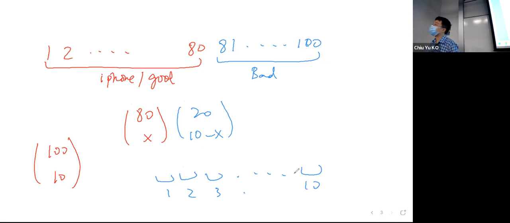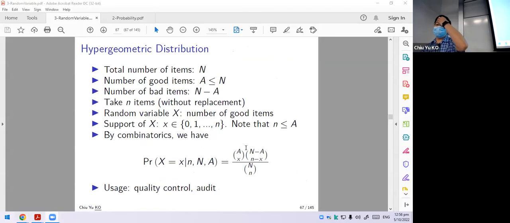Is that clear what's going on there? Of course, you may not fully appreciate the formula, but I hope I convinced you this is the right one. And if you're still not fully convinced, then just take it as an assumption. You think it's right, and after a while you will believe this is true.